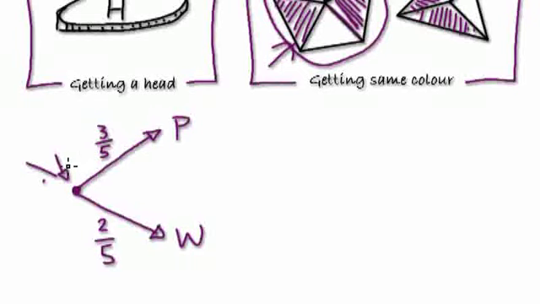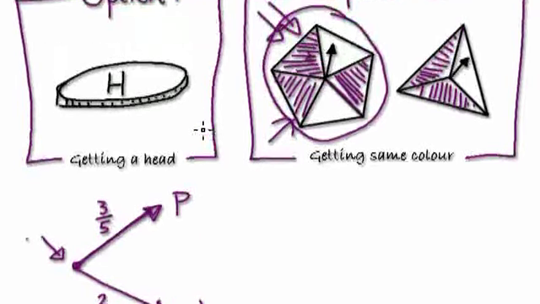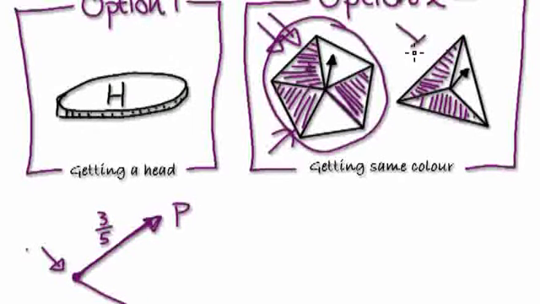So let's say you're starting here, you could get a purple one or a white one. Let's assume that you get a purple one. So you've gone down this route. Now jump to this spinner here.